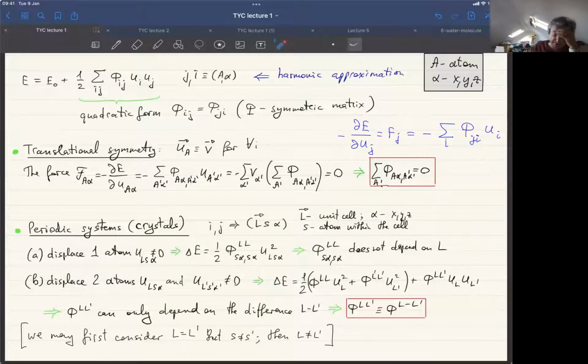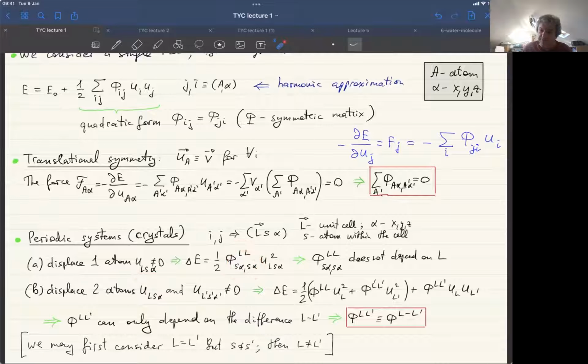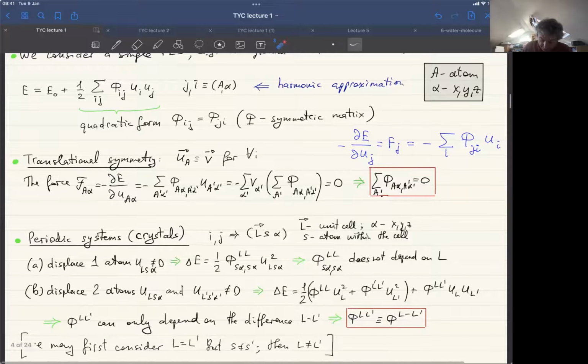But here, if we displace just one atom, we have a diagonal term left for the force constant matrix. And that means that this diagonal term should not depend on L. And that implies that the force constant matrix would only depend on the difference of these two indices. So my force constant matrix in the general notation depends on capital A and capital A prime.